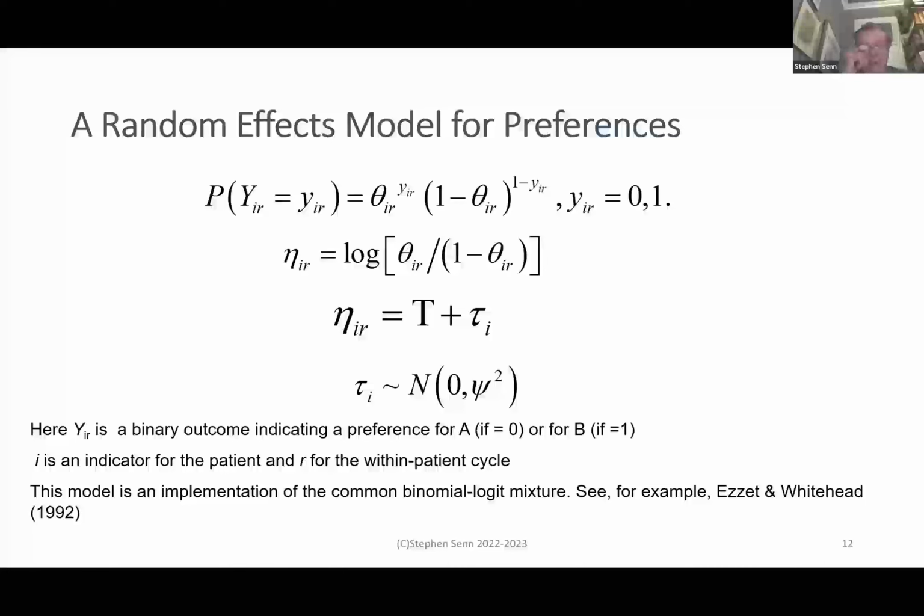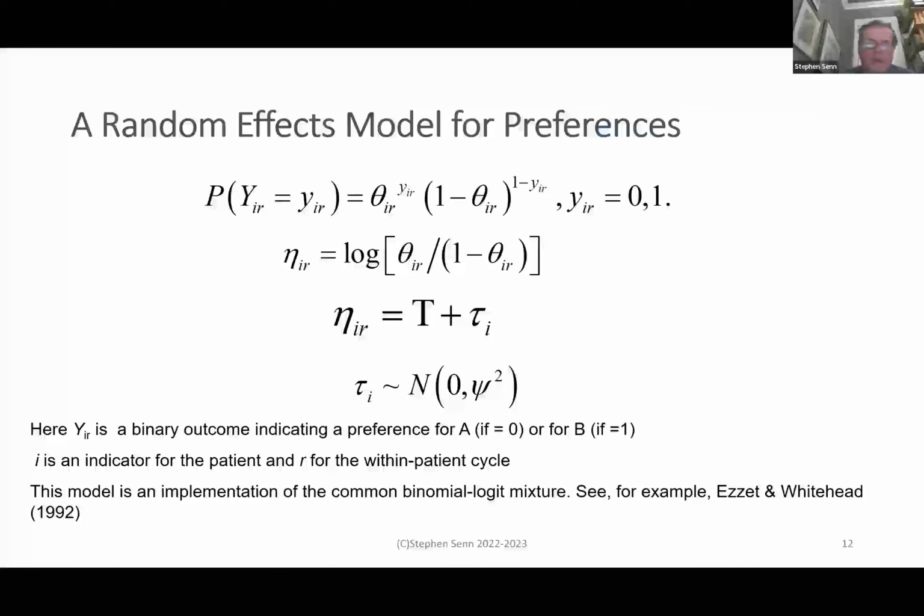We now imagine that we're going to model how this particular probability theta_ir varies on the logit scale, and so we have the log odds, or the logit rather, which I'm going to set equal to eta_ir, and then eta itself is assumed to have a normal distribution, with an overall effect capital tau and a random deviation tau_i, and tau_i I'm going to assume is distributed normal(0, psi squared).